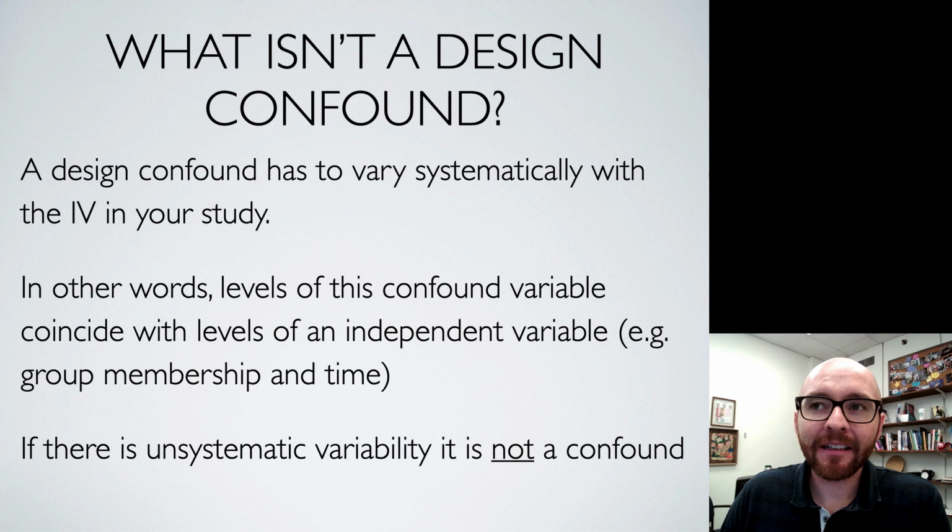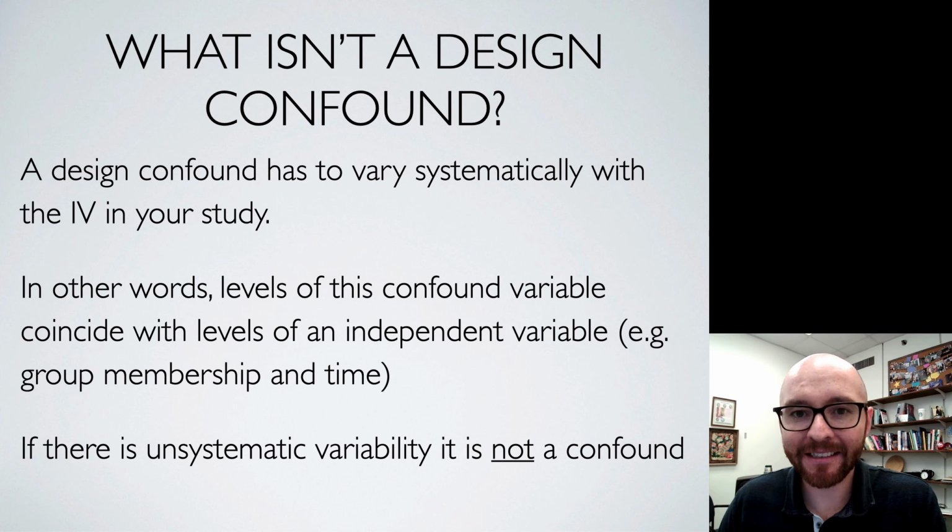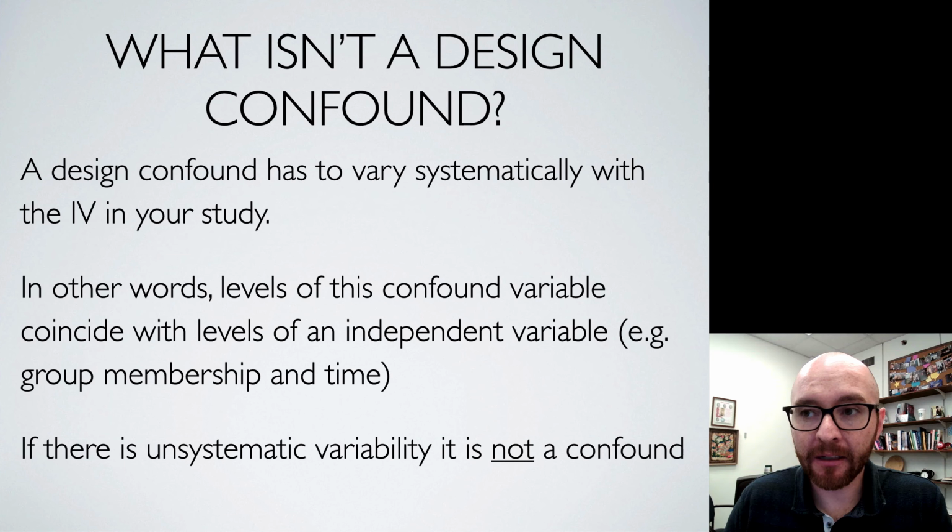So this is a little bit more difficult to explain. What is not a design confound? So if you were worried about time of day as a design confound, right? An environmental confound that might influence the results of your study. If time of day was random for both your caffeine and decaf group, you wouldn't worry.